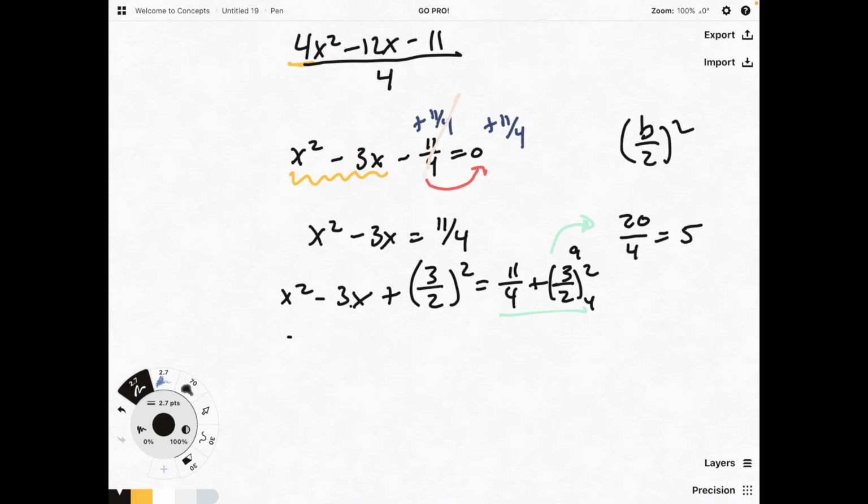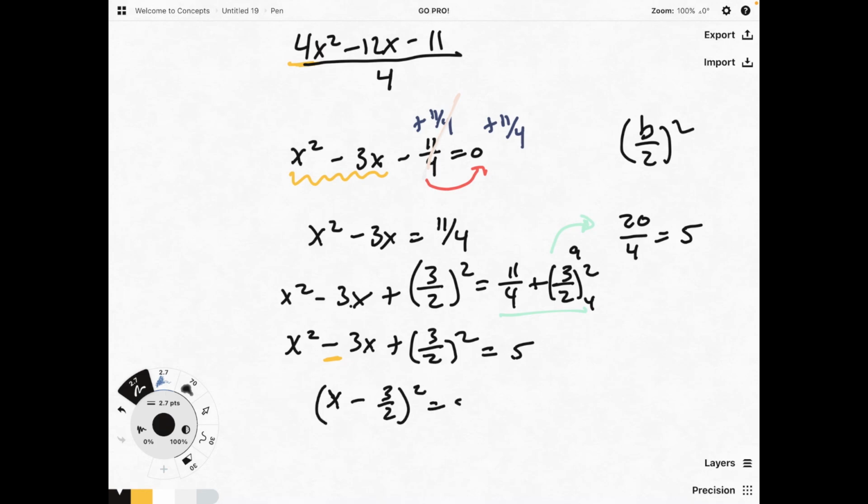So we can rewrite this as x² - 3x + (3/2)² equals 5. All we need to do is evaluate the equation. So we can rewrite this as (x - 3/2)². This is a minus sign here, so we need to ensure that we have the minus sign down in our equation. And we have the 3/2, and that's squared, and that's equal to 5.